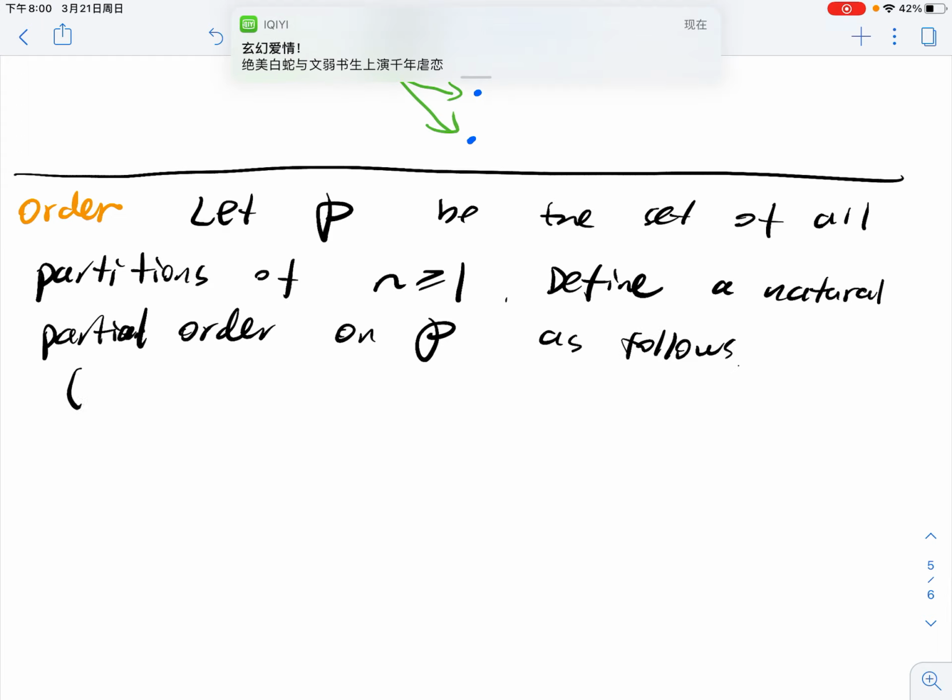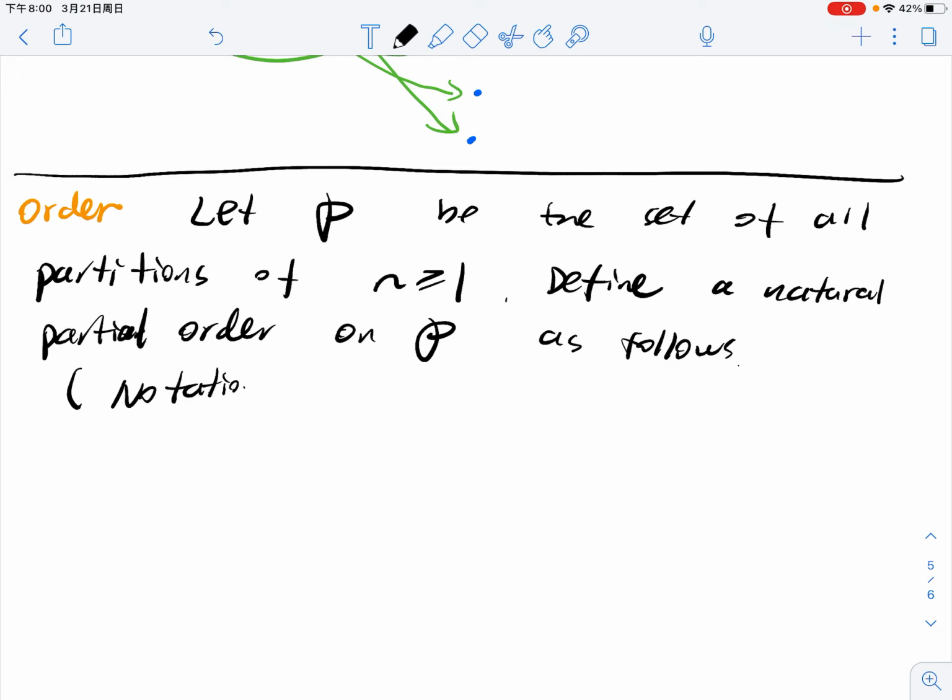For convenience, we make the following notational convention: include 0 as parts. This is special when we define the order, because it's more convenient when you compare different partitions with different numbers of parts.